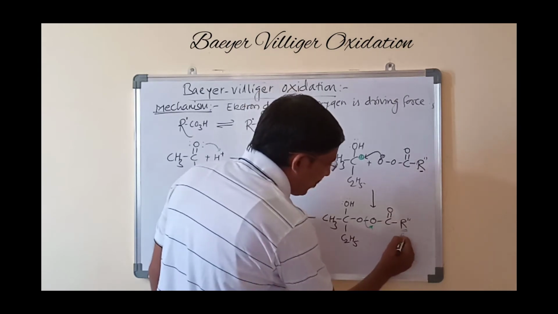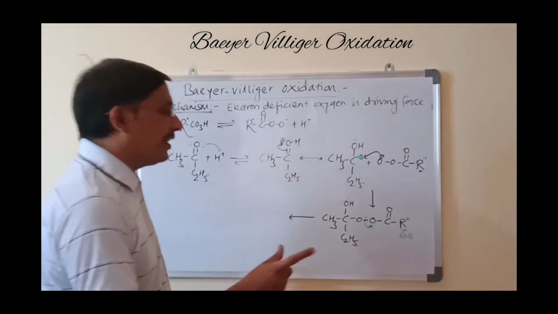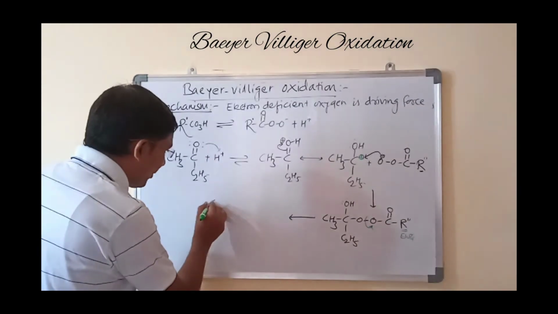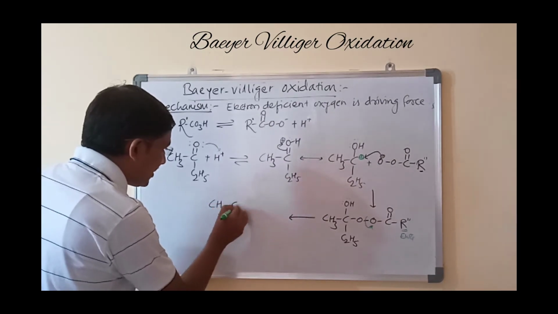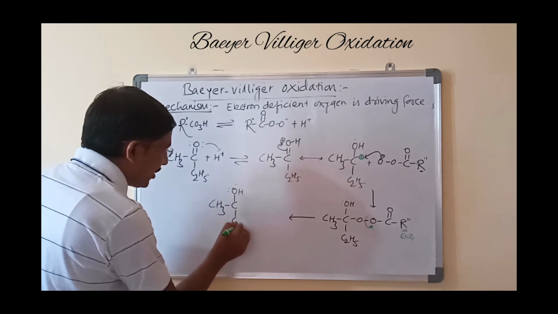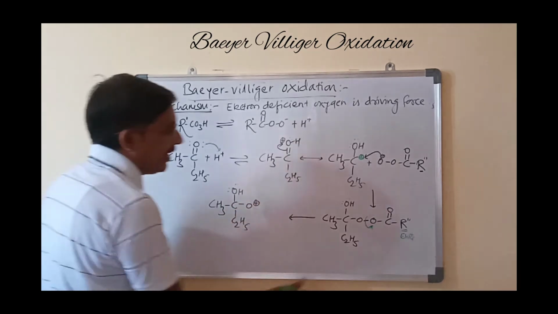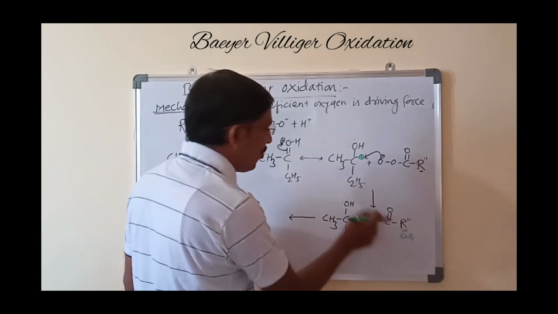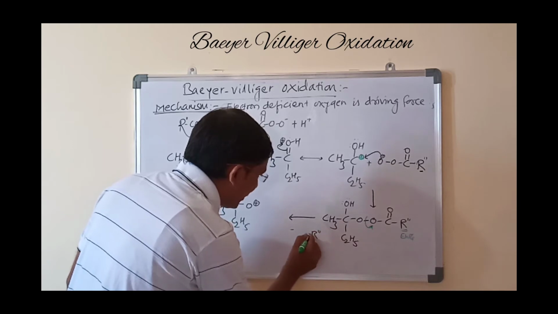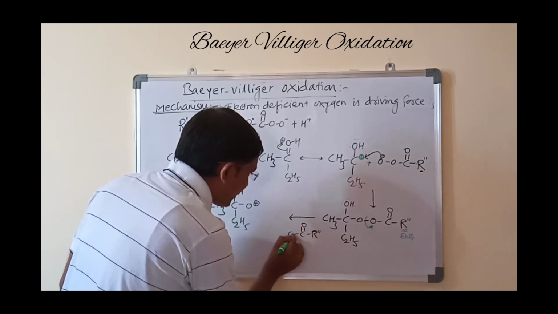If there is an electron withdrawing group, it will immediately break this bond, and again that O minus will be stabilized by the electron withdrawing group, and here we will get CH3C OH C2H5, here this is an O plus, and it becomes RCOO minus, that is loss of R double dash C double bond O minus.